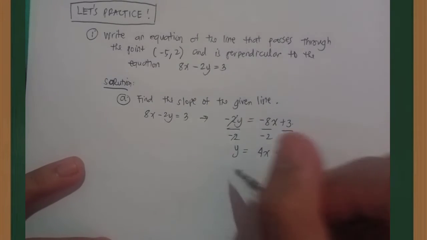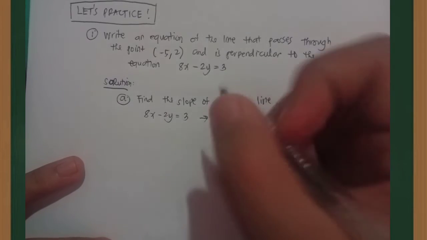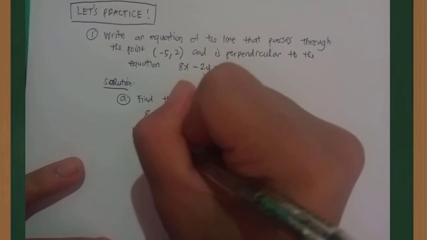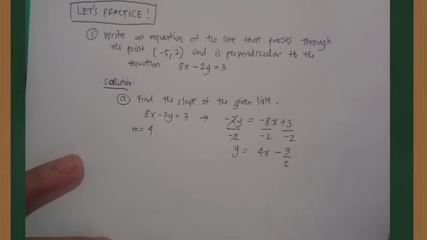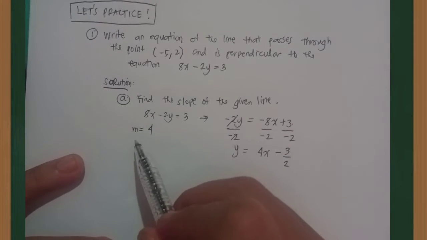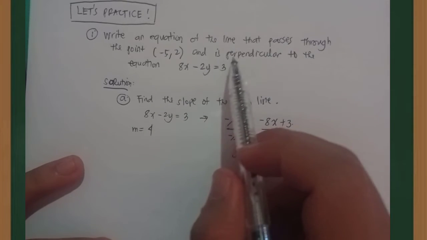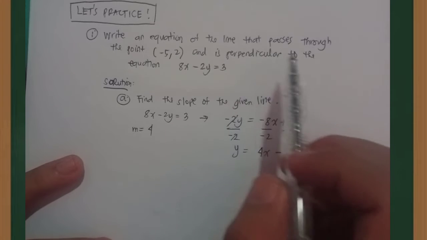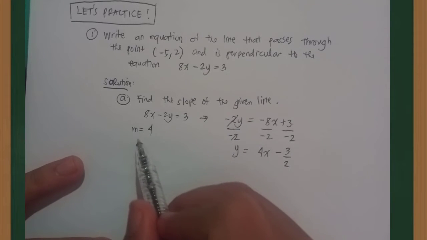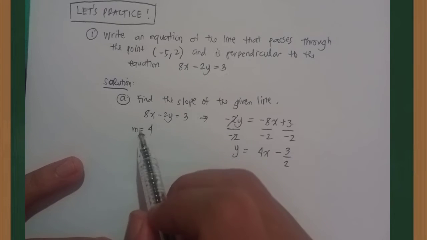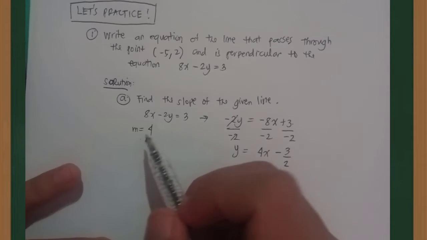Now, the slope of this given line is what? The slope is equal to 4. Okay, that is the slope. After getting the slope, we also need its negative reciprocal because we're talking about perpendicular lines. So what is the negative reciprocal of 4?